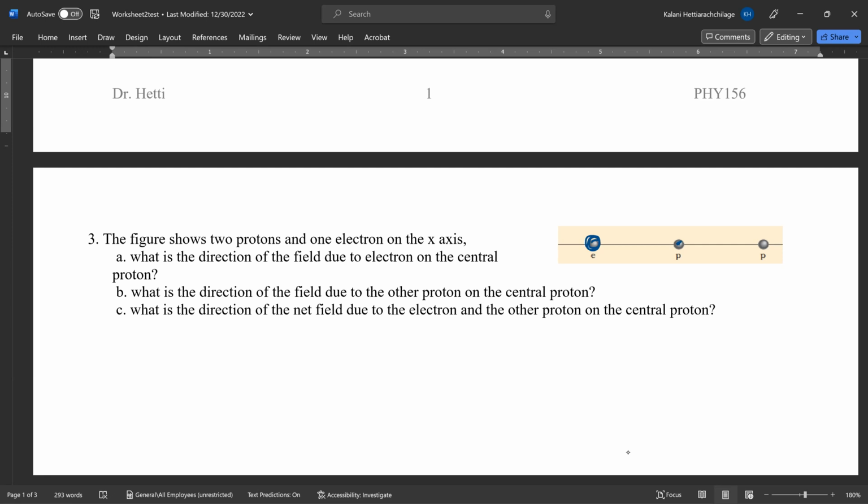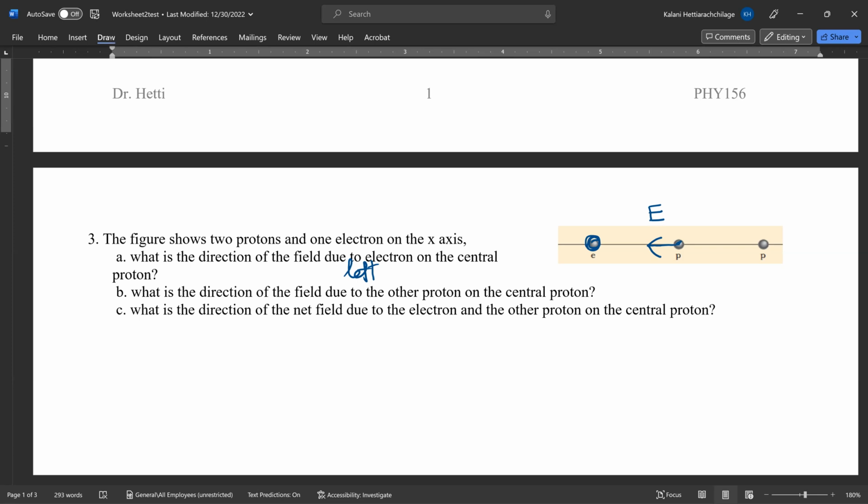So now your source charge is the electron. The electron will create an electric field towards the charge. That will be the electric field from the electron on the left side. So to the left. It did not ask for any magnitude or anything, just the direction.